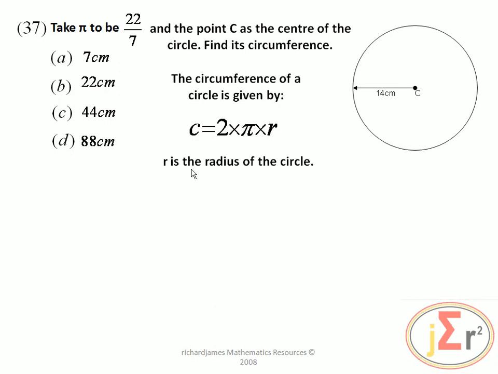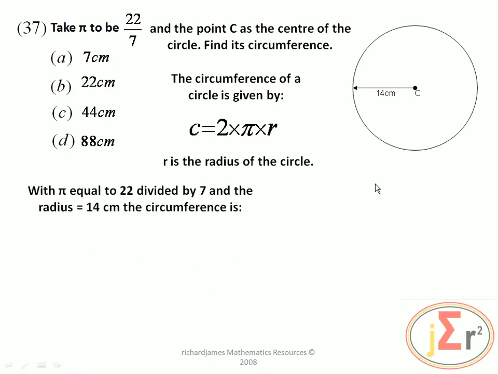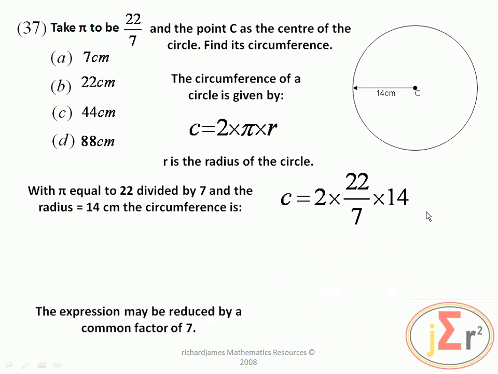And it says r is the radius of the circle, which is 14 centimeters. Pi is equal to 22 divided by 7. So C is equal to 2, pi is 22 over 7 and r, the radius, is 14.